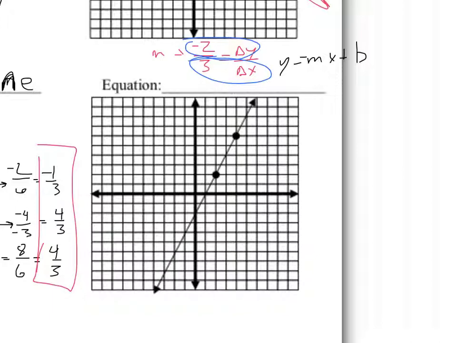Where does it intersect my y-axis? At negative 2. So over here at negative 2. So my b is going to be negative 2.